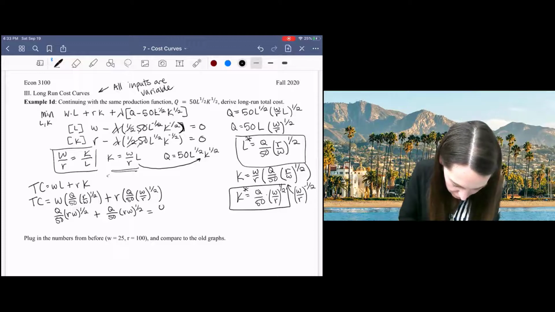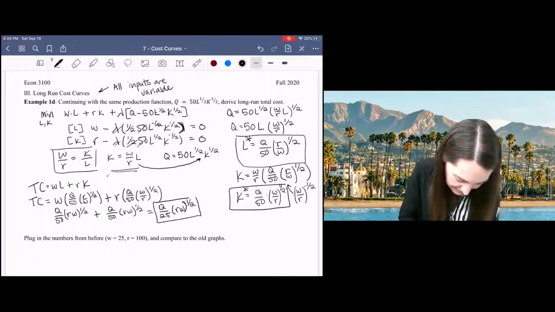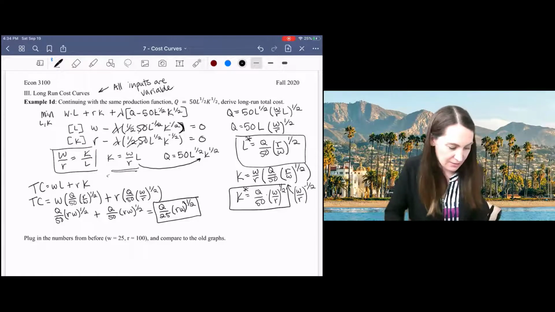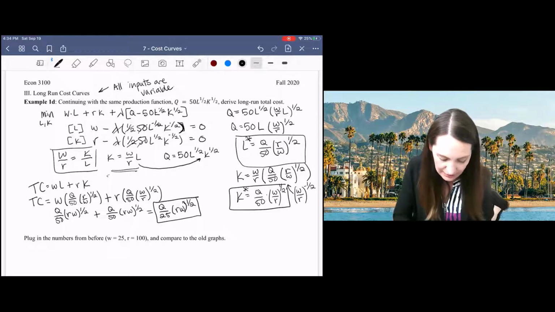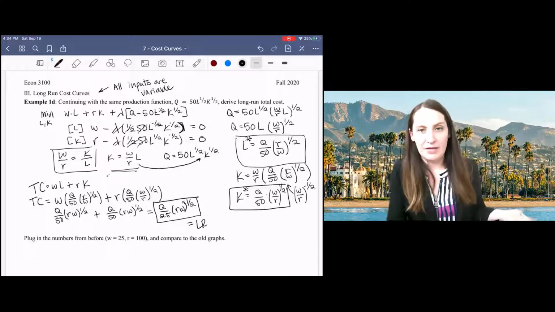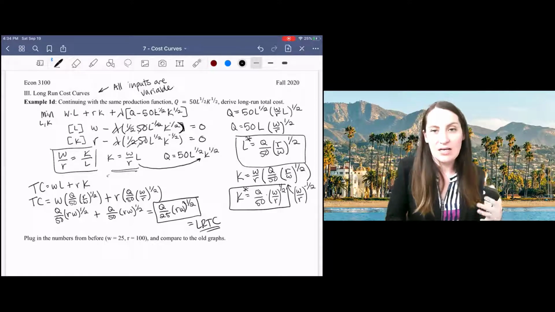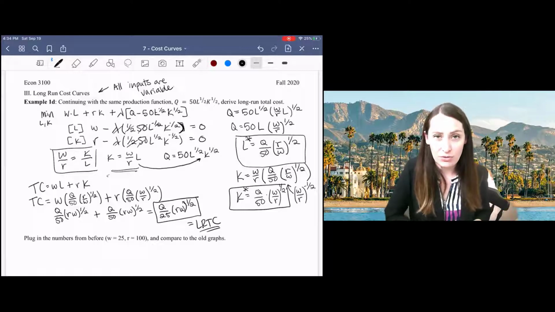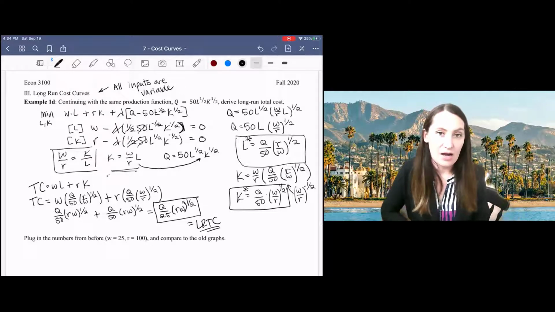So I've got Q over 25 RW to the 1/2. That's my total cost function, my long run total cost function. Okay, so derive the input demand curves, plug them into total cost and simplify, and now we've got total cost as a function of quantity.